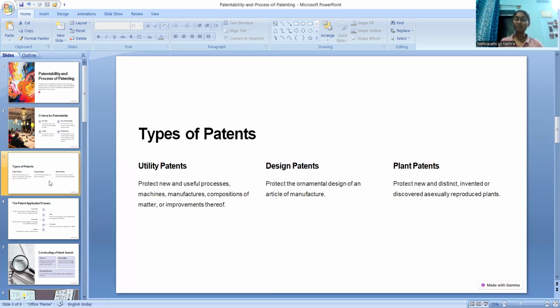Next comes the design patents. It protects the ornamental design of articles of manufacture. It is the way of protecting the ornamentation of the materials designed for an article. Next comes the plant patents. It protects new and distinct, invented or discovered asexually reproduced plants. These are the main three types of patents.